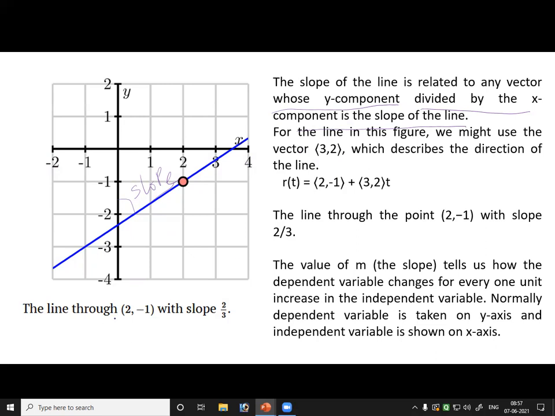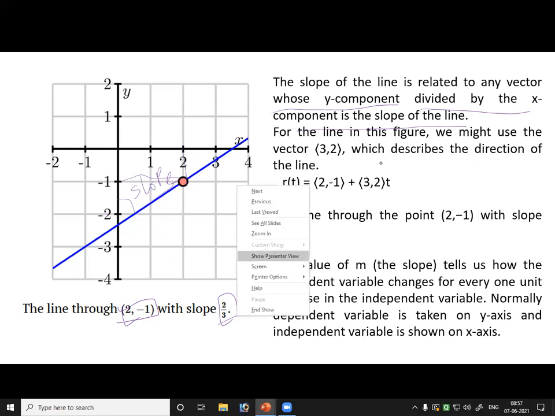So this is given as (2, -1): a line through (2, -1) with slope 2 by 3. This is 2 and this is minus 1. A line is going through (2, -1) with slope 2 by 3.